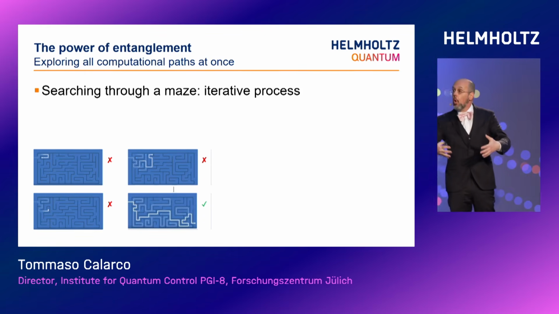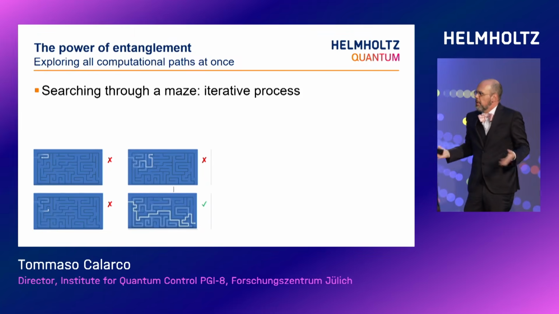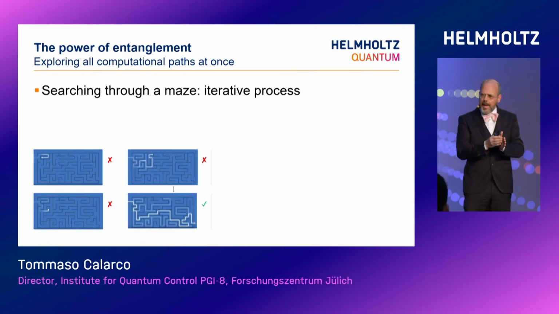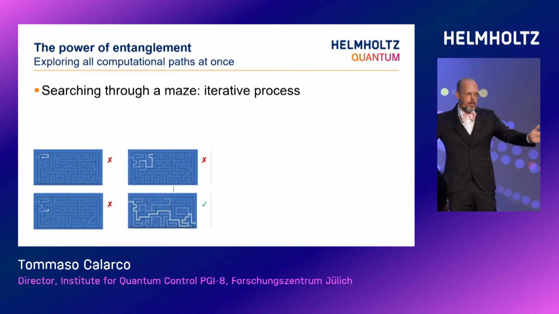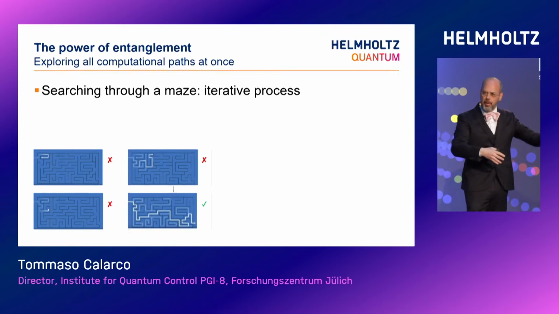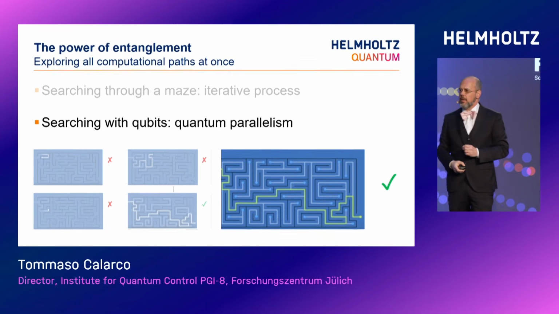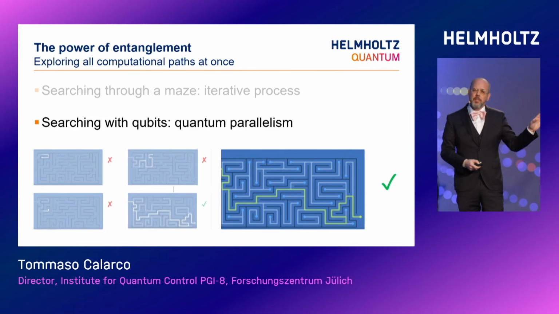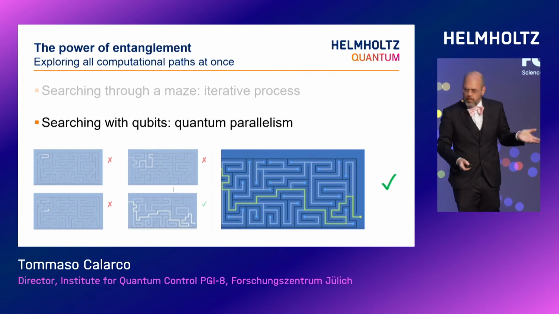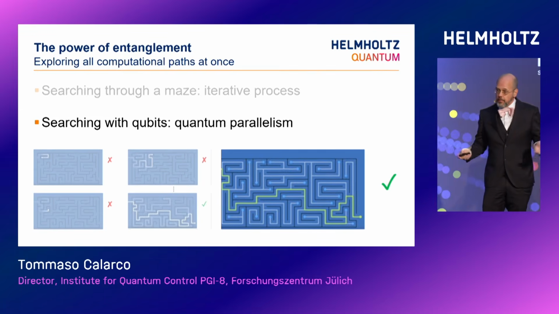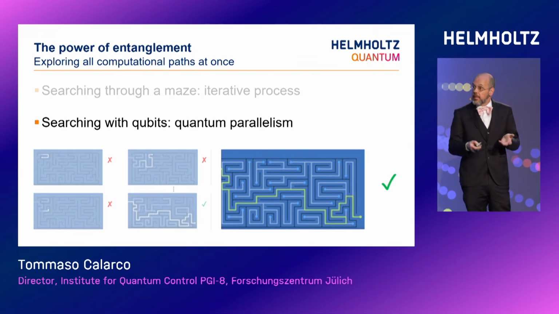I have to try all possibilities one after the other because I'm a classical thing. If I were a quantum bit, at every point in the labyrinth, I could bifurcate. I could go both left and right, and in one go, I get to the final goal. So this seems pretty much science fiction, obviously. It actually was science fiction when I was a student, and now it's something which starts being practical.